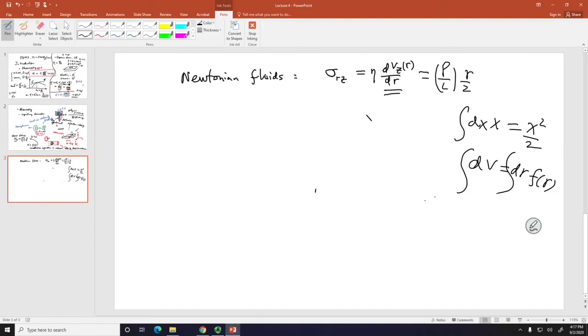Equation, there are so many forms to it. Equation 3.9 is the result.